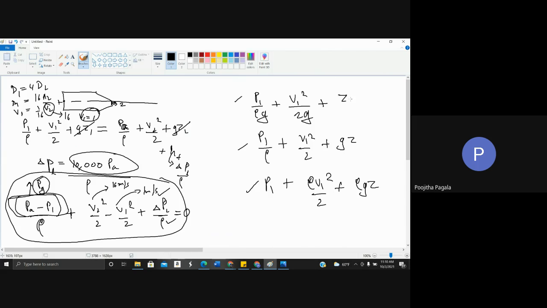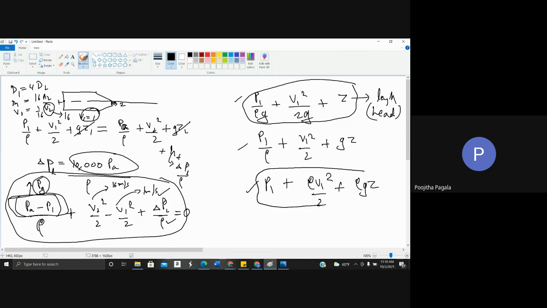So this form, P1 by rho g, has dimensions of length, so it is also known as the head. Whereas this form has dimensions of energy per unit mass.